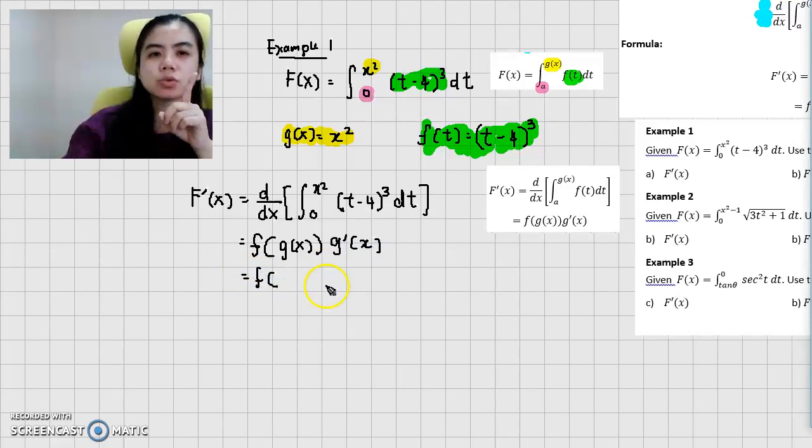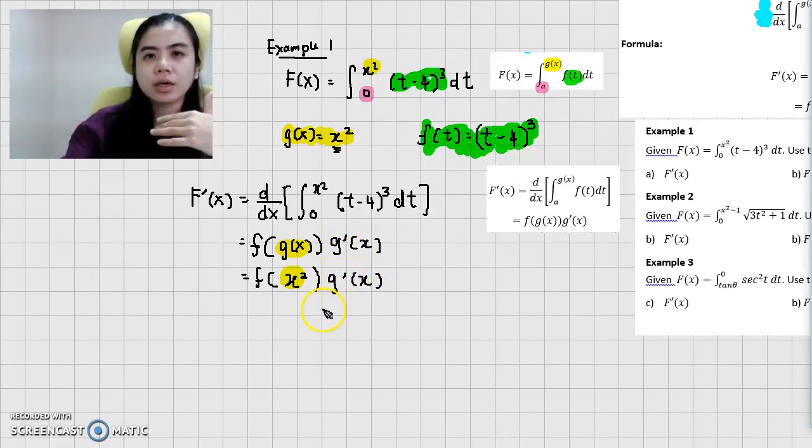Now we're going to do the substitutions. Now what is your g of x? Your g of x is basically the x squared here. So we just do the substitution in here.